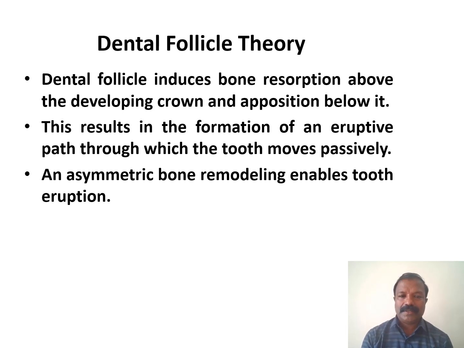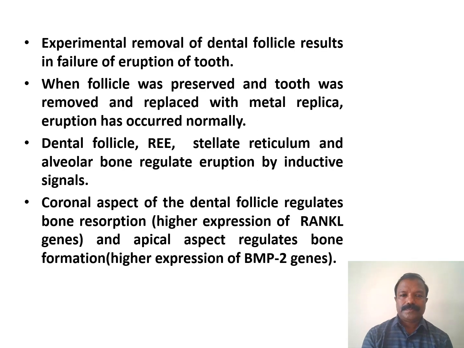That is what is meant by the dental follicle theory. Experimental removal of the dental follicle results in a failure of tooth eruption. When the follicle was preserved and the tooth was removed and replaced with a metal replica, eruption occurred normally. So it states the importance of the dental follicle in the process of tooth eruption.